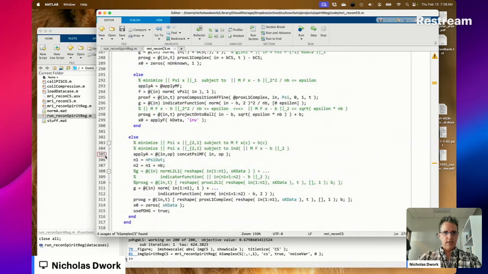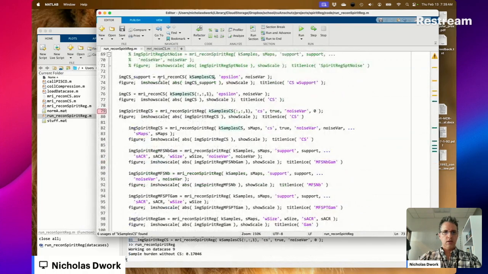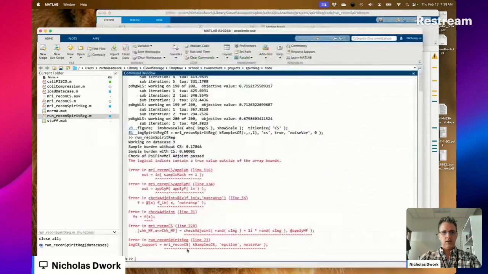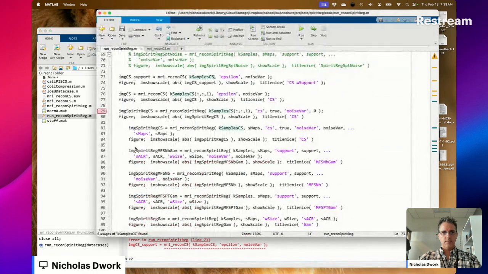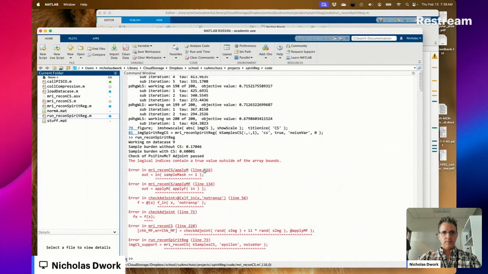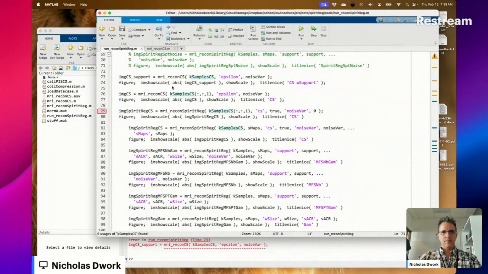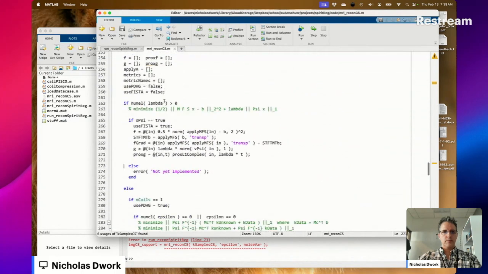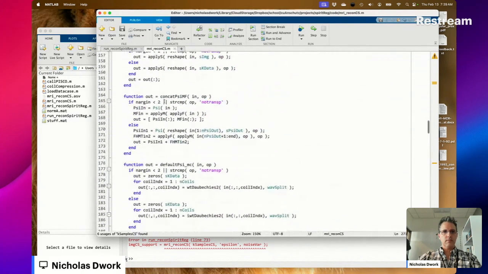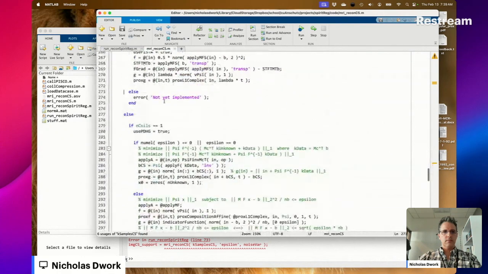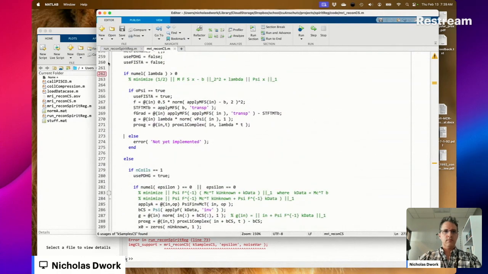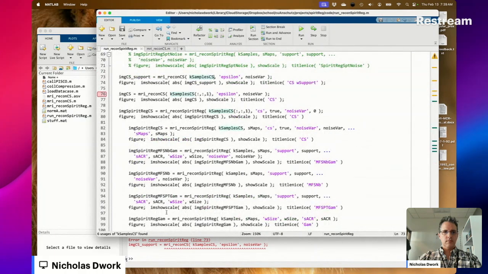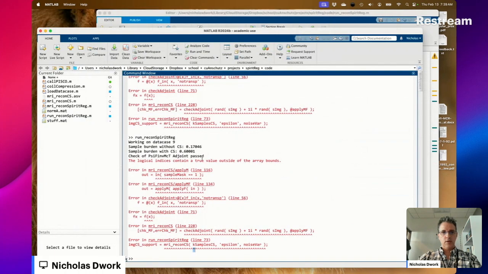Let's see what this does. It crashes. Oh, it doesn't even get there.